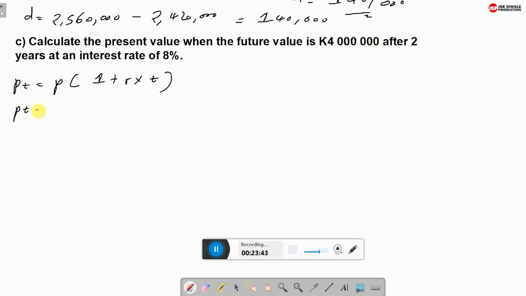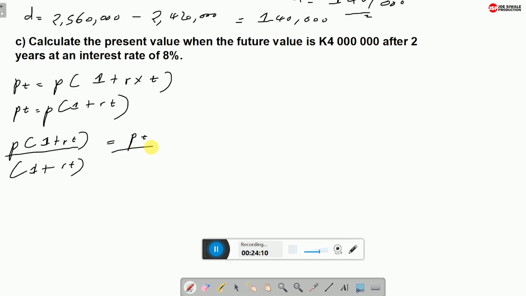So here we know that our FV is equal to P, open bracket, 1 plus RT. To make the present value the subject of the formula, we can say P, open bracket, 1 plus RT is equal to the future value. We're going to divide by 1 plus RT on both sides of the equation, so this is going to cancel out.